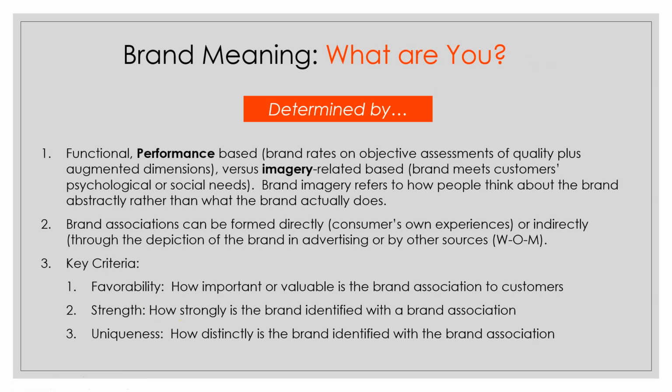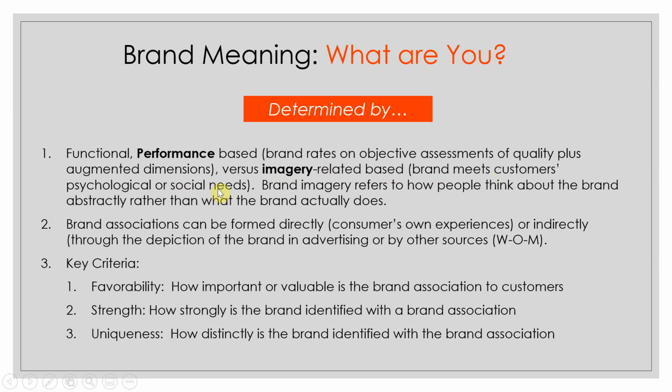The second step, brand meaning, okay, it is about who you are, what you are, the meaning of the brand. So there are two building blocks, performance and imagery, right? The performance is more functional, right? So it's about the brand, rating on objective assessments of quality plus augmented dimension, right? And imagery related associations, in which the brand meets customer psychological and social needs.